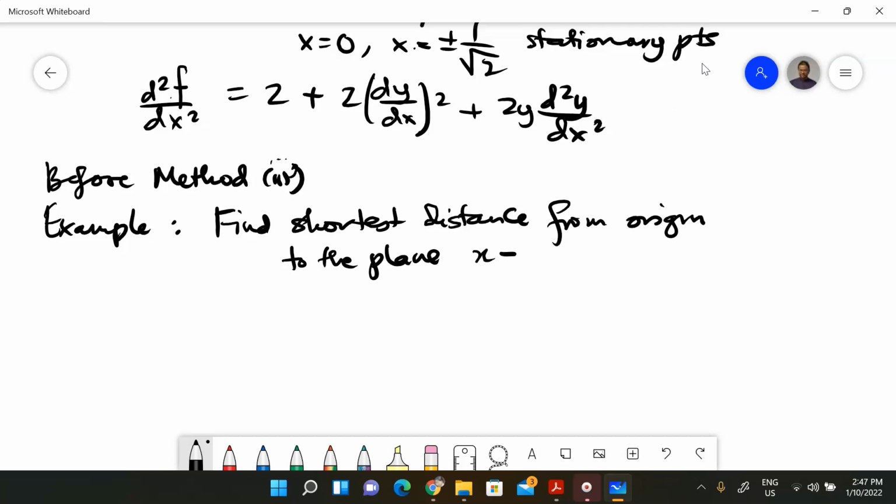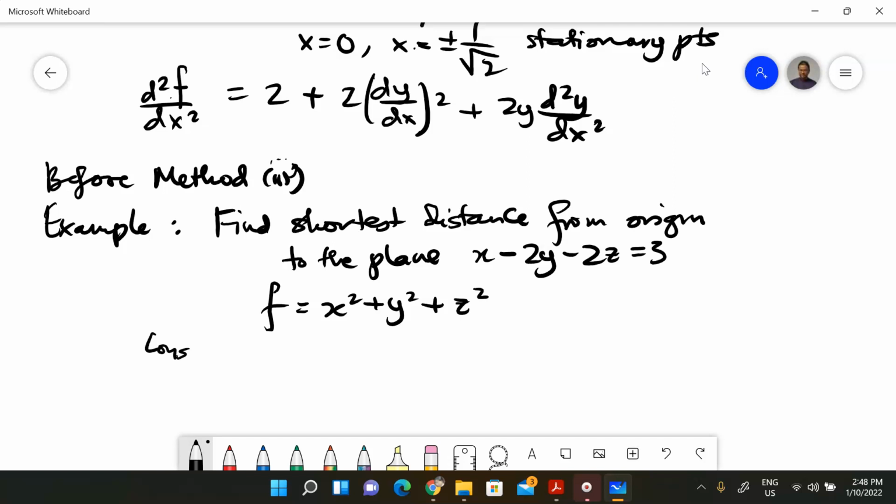Maybe I just give you the results rather than do the whole thing. Again over here, you extremize your distance in 3D, and this is subject to a constraint given by this equation. So the constraint, which is given by x minus 2y minus 2z equals 3.